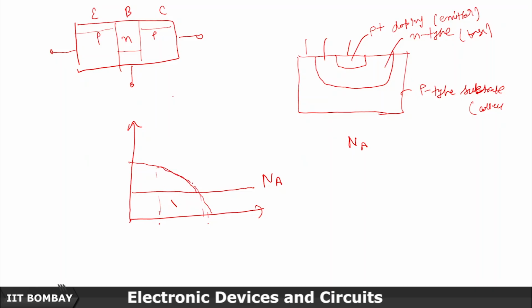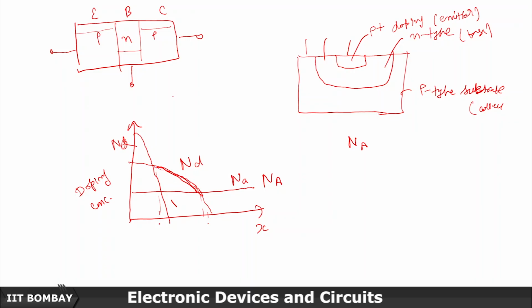In this region, this is not uniform, right? Similarly for this, it can go something like this. So this is Na, this is Nd, this is Na already. This is, let us say, X or whatever parameter you want, and this is your doping concentration.